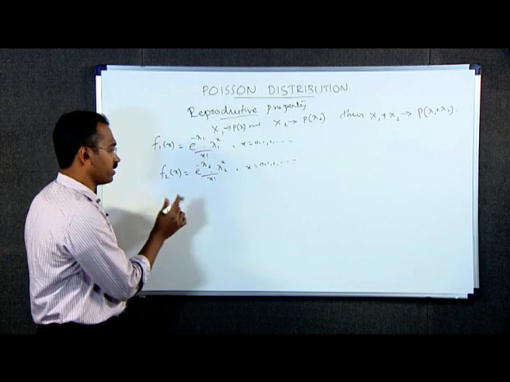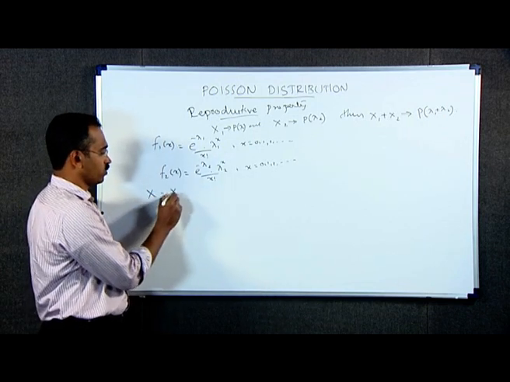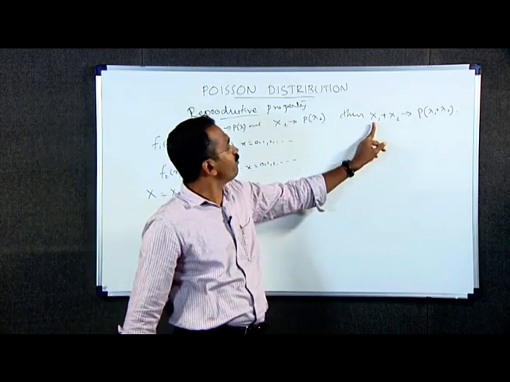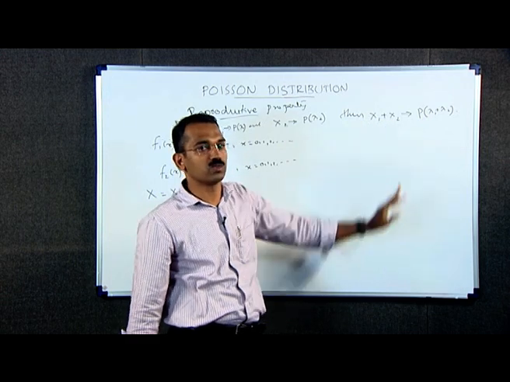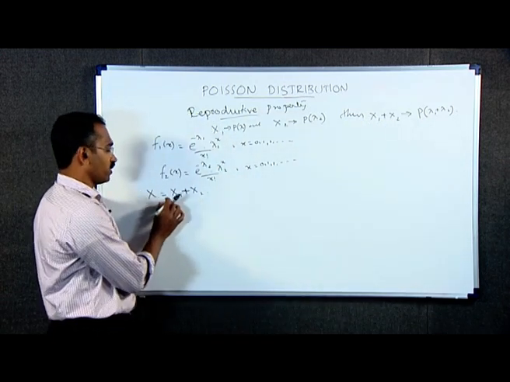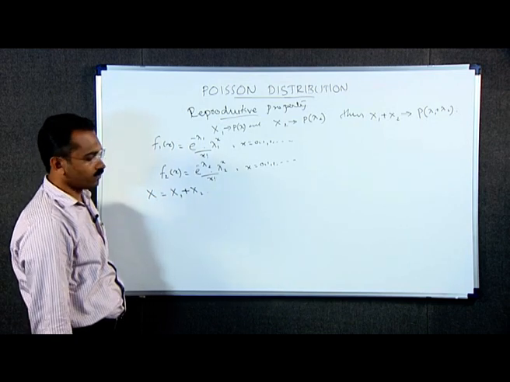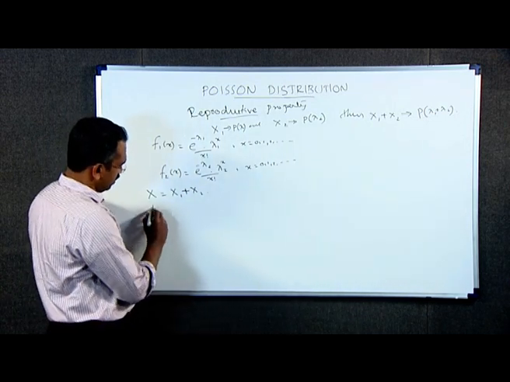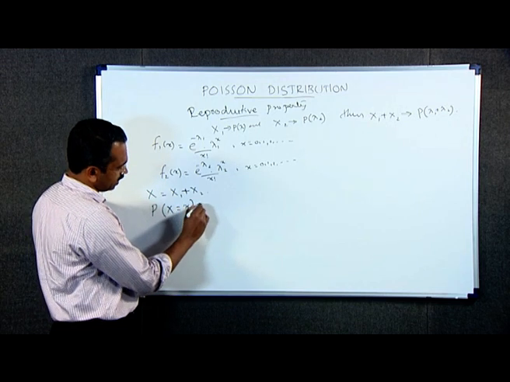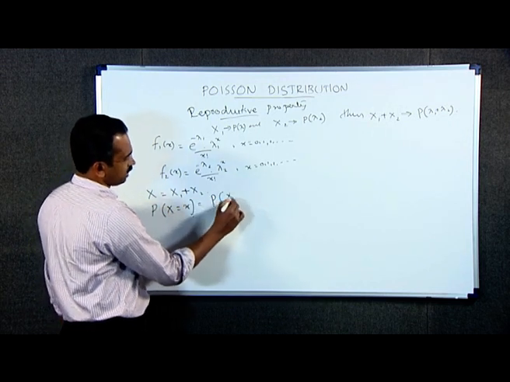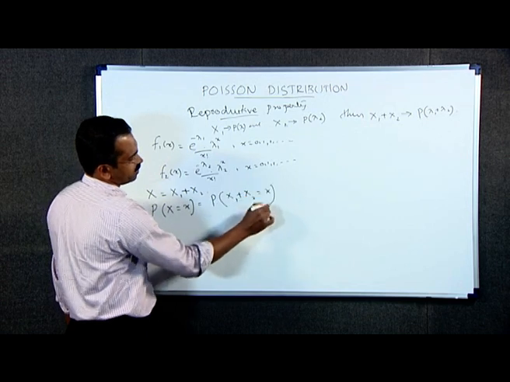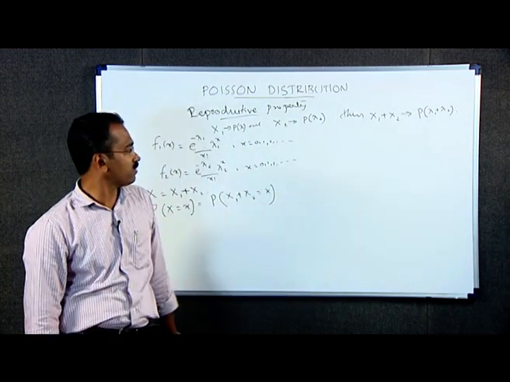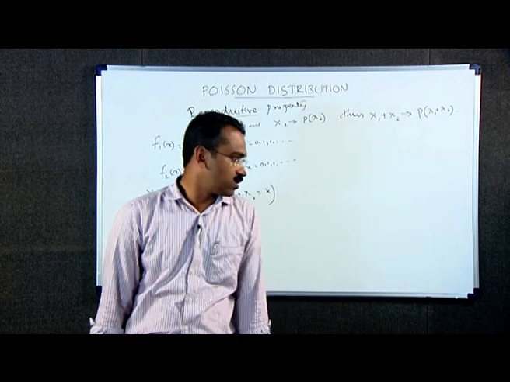Now, we set x as x1 plus x2. We want to find the probability function of this x1 plus x2. We put x equal to x1 plus x2. Now, the probability of x is equal to x means probability that x1 plus x2 is equal to x, where x is a positive integer from 0 to infinity.